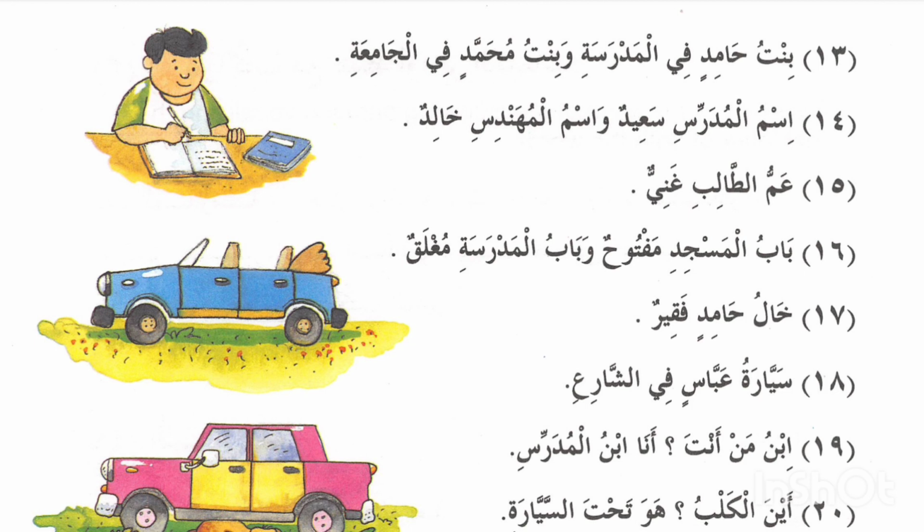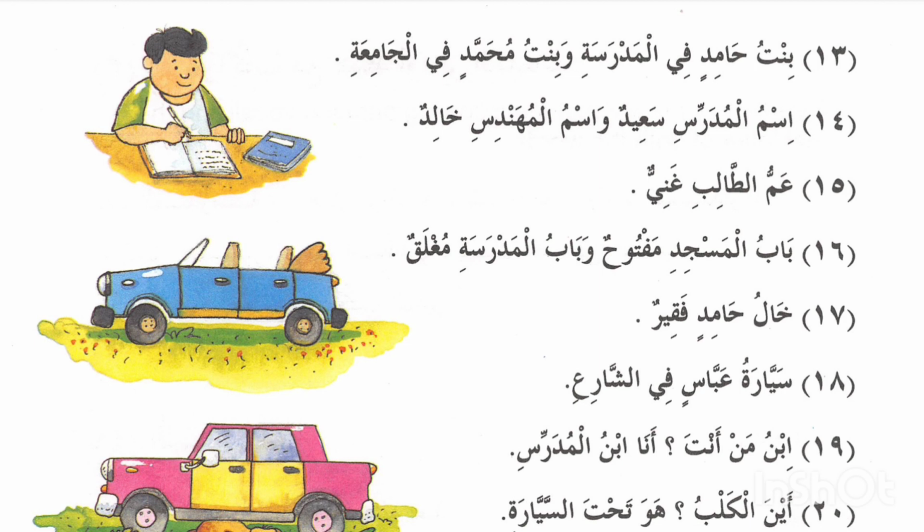The student's uncle is rich. باب المسجد مفتوح وباب المدرسة مغلق. The masjid door is open and the school door is closed. عم حامد فقير. Hamid's uncle is poor. سيارة عباس في الشارع. Abbas' car is in the street.